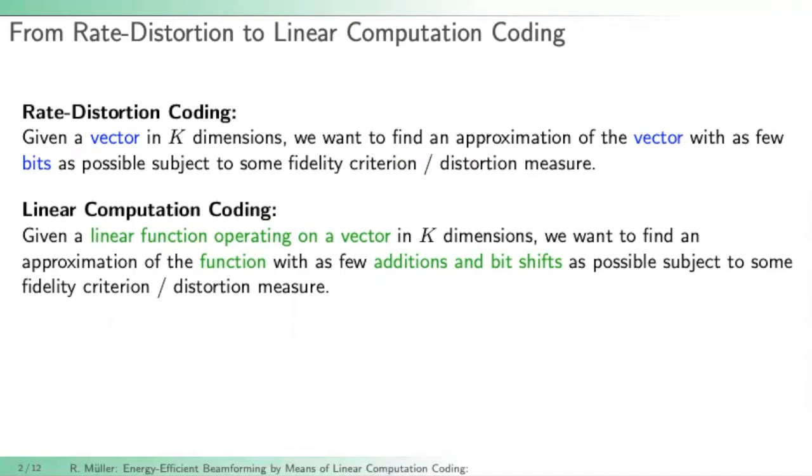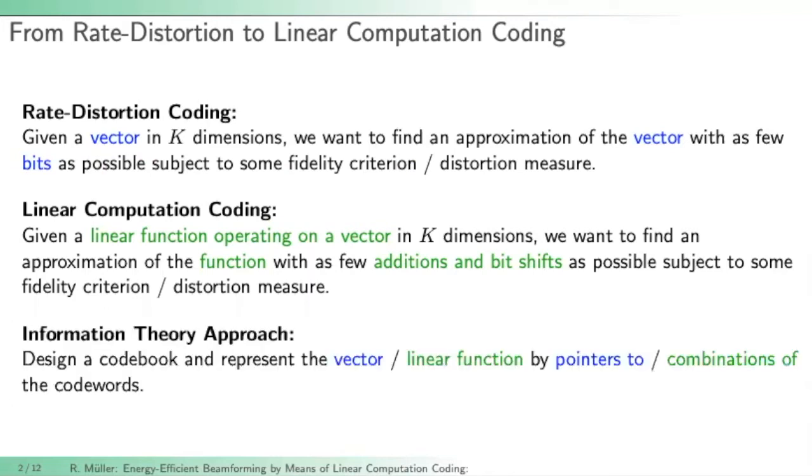In linear computation coding, however, given a linear function operating on a vector in k dimensions, we want to find an approximation of the function with as few additions and bit shifts as possible, subject to some fidelity criteria. Now, in information theory, this means we design a codebook and represent the vector, respectively the linear function, by pointers to, respectively, combinations of the code words.